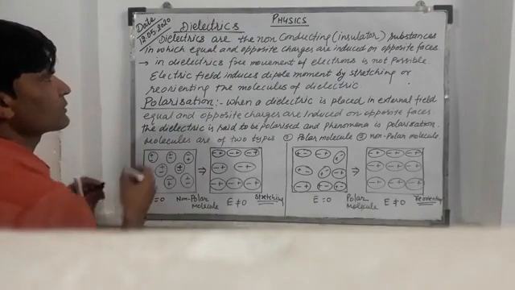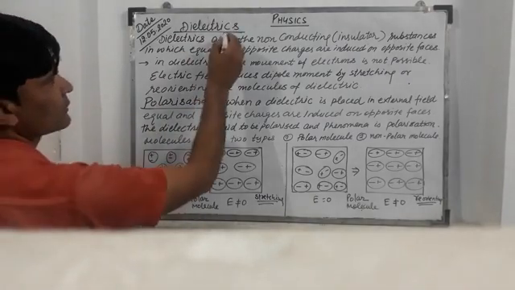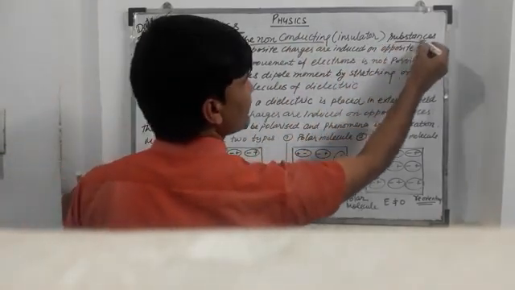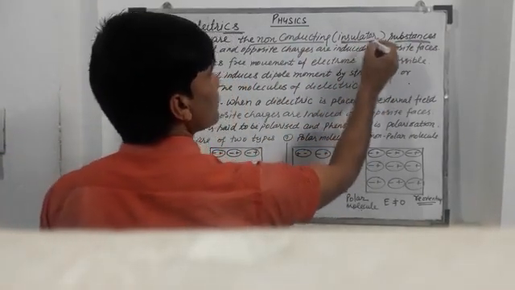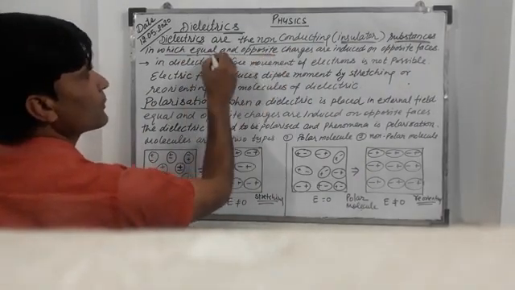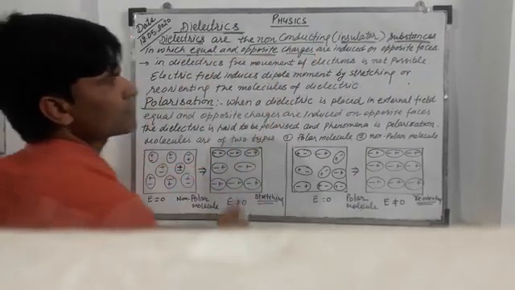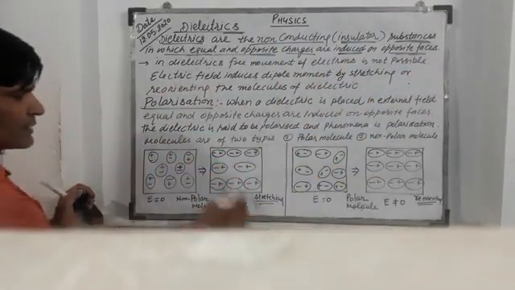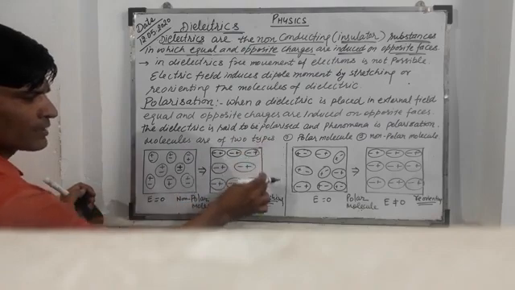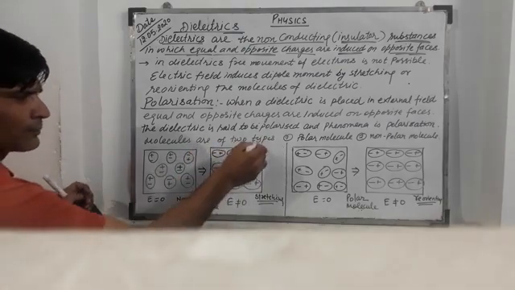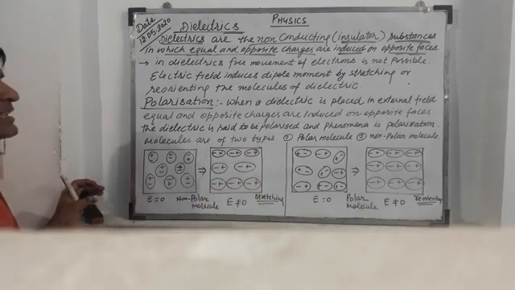Now we discuss dielectrics and polarization. What are dielectrics? Dielectrics are non-conducting substances, meaning insulators, in which equal and opposite charges are induced on opposite faces, as you can see from the diagram. Negative charge on this side, positive charge on this side.